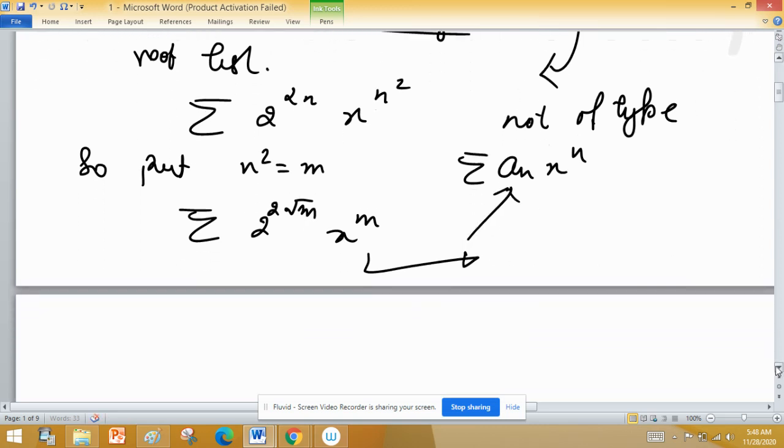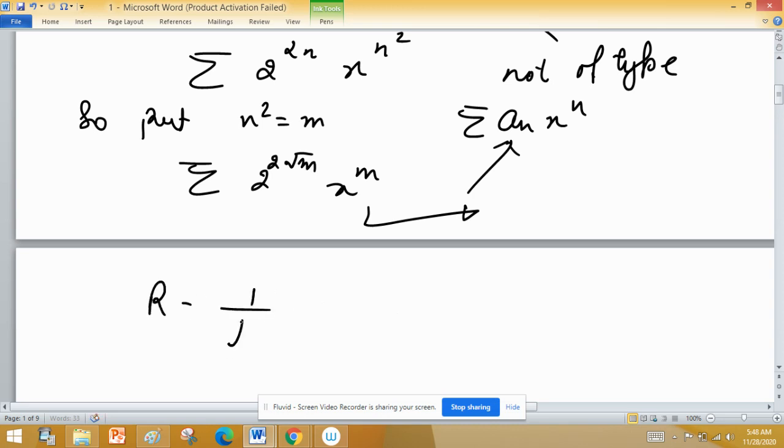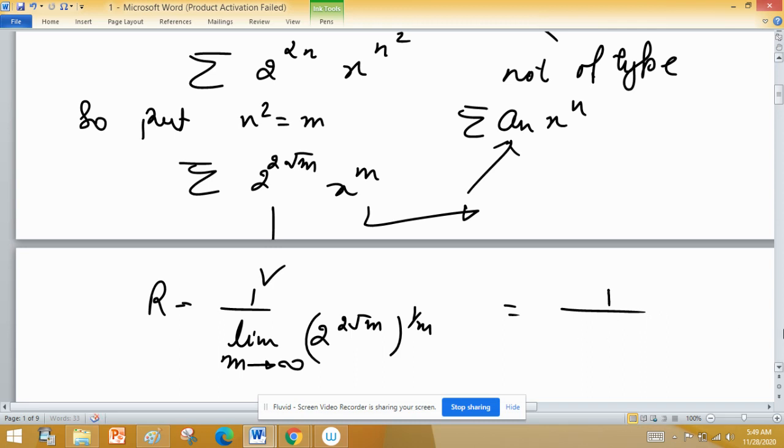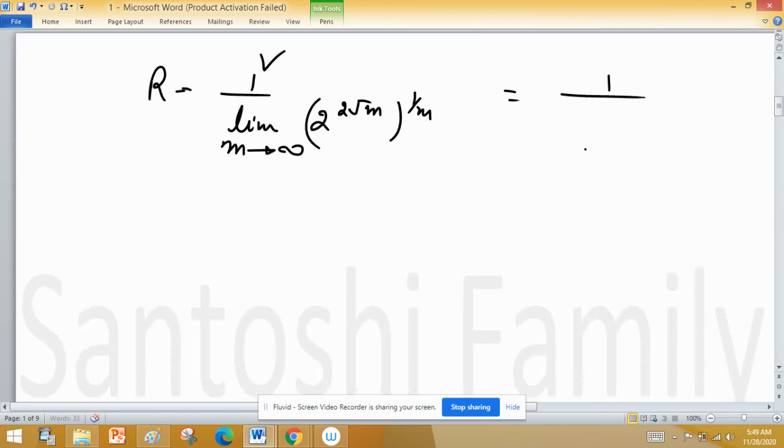Now apply the root test. Then r equal to 1 upon limit, this is our un, limit 2 raised to the power 2 root m, raised to the power 1 upon m, where the limit is as m tends to infinity, and it will be 1 upon limit m tends to infinity 2 raised to the power 2 root m divided by m, and it will be 1 upon limit m tends to infinity 2 raised to the power 1 upon root m.